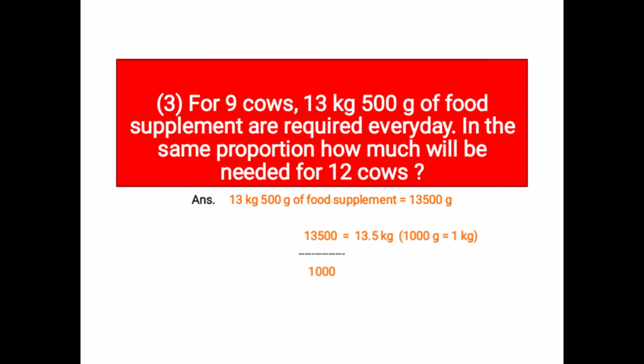You have to put the decimal point, counting three digits from the back. And in brackets it is given 1000 gram is equal to 1 kilogram, or 1 kilogram is 1000 gram.